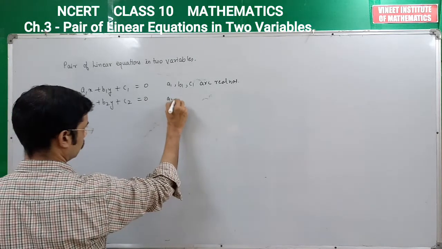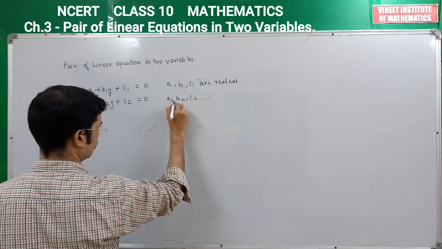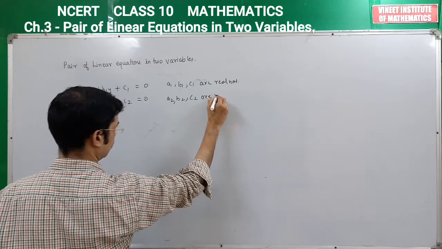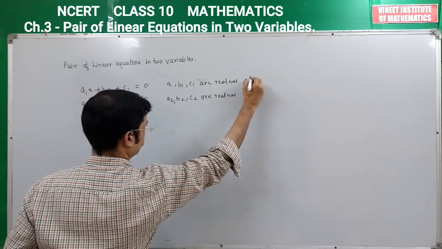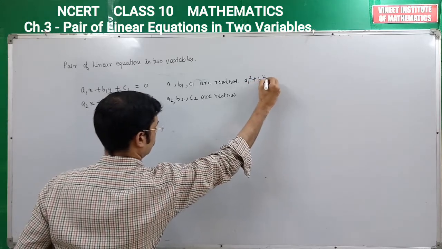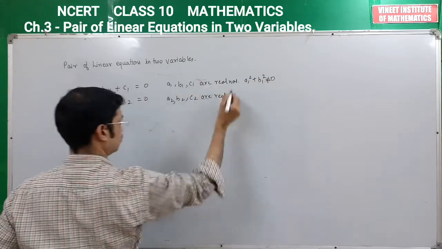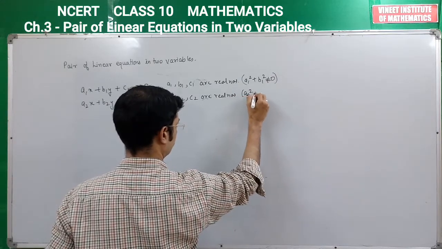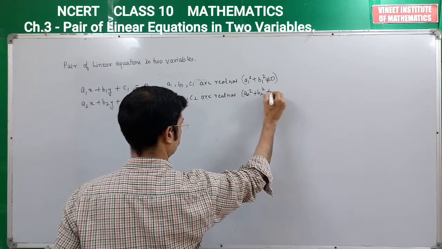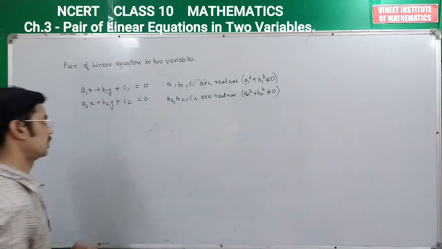Here a2, b2 and c2 are real numbers. a1 square plus b1 square is not equal to 0 for the first expression, and a2 square plus b2 square is not equal to 0 for the second expression.